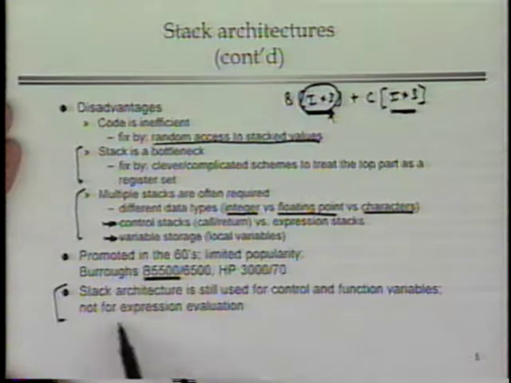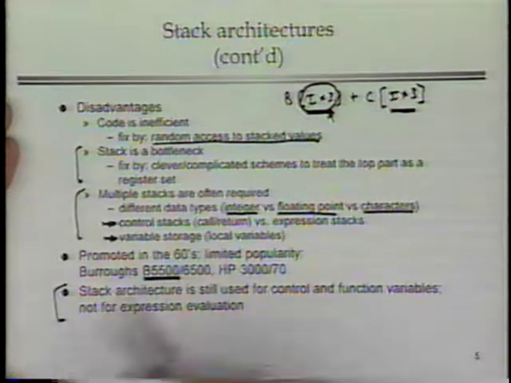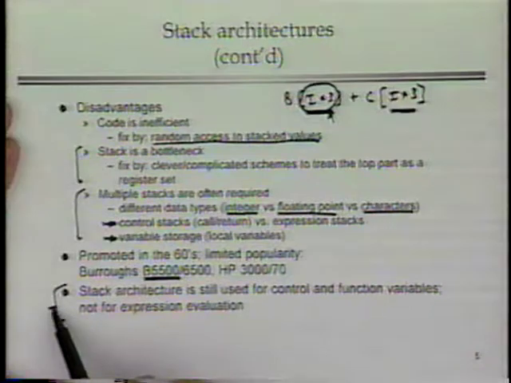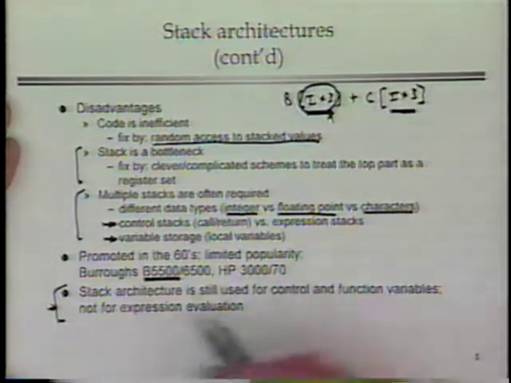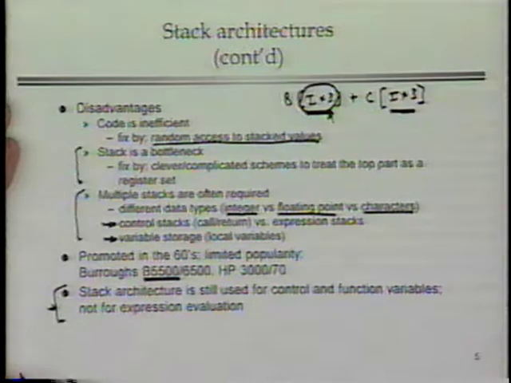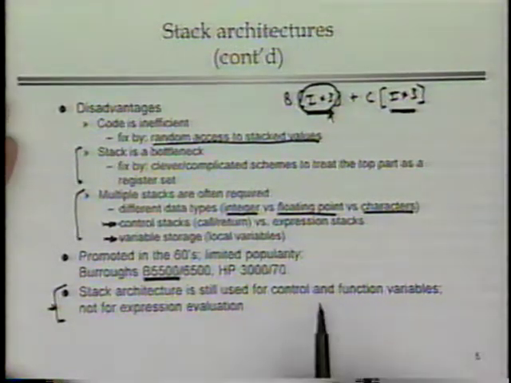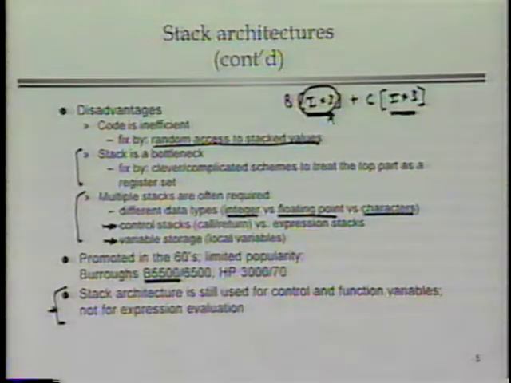Although, generally speaking, the instruction set architecture itself doesn't have anything in it to support those stacks except perhaps a simple push and pop type mechanism. Most of the complication of that stack architecture for control and function variable allocation is done by the software. Although we'll see at least one example of a machine where a great deal of that kind of stack manipulation was in fact embedded into the instruction architecture.